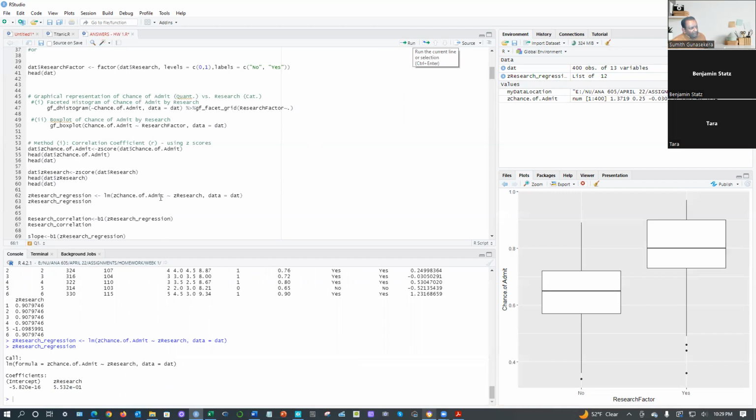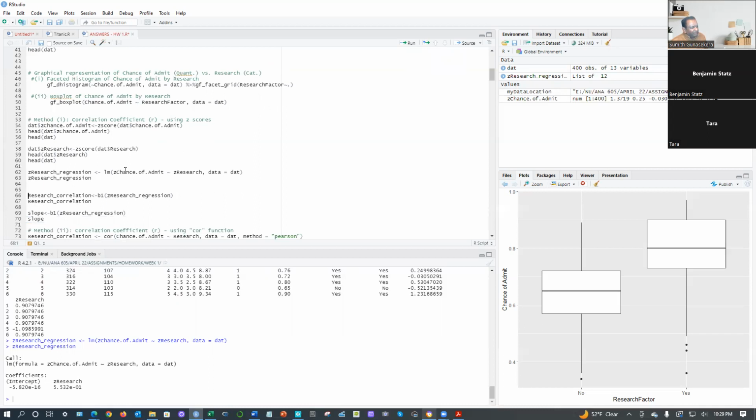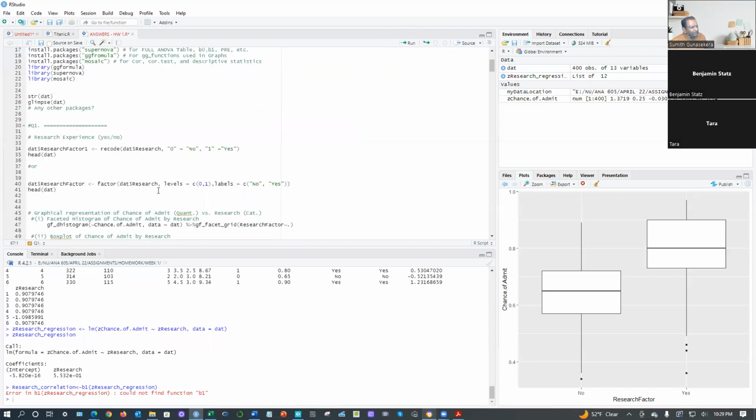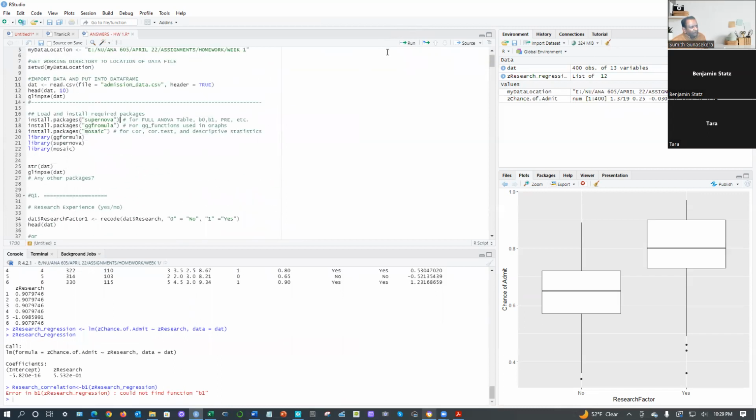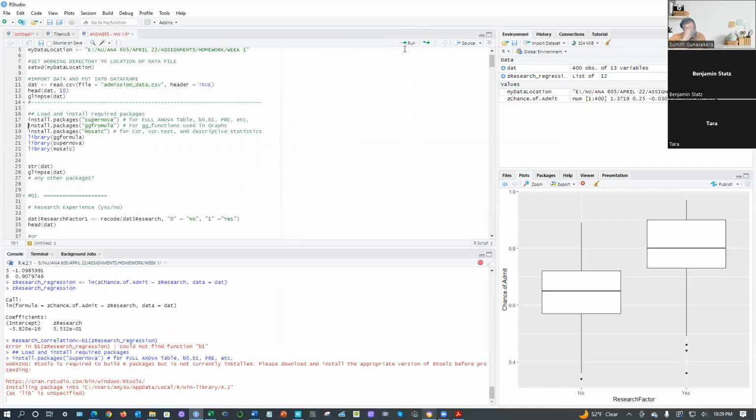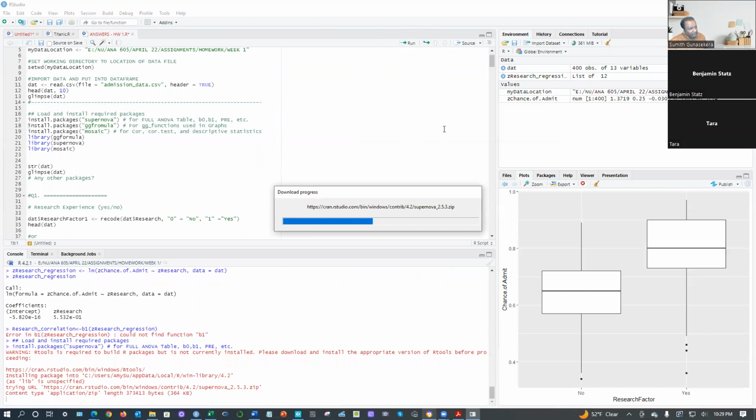When I ran, I fitted that, see, the standardized chance of admit versus standardized research. Then I got the B1. Let me see if this B1 works this time. No, it doesn't work. Okay, I'm going to install supernova. Supernova should have the function. It works.